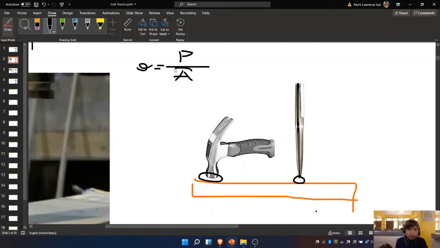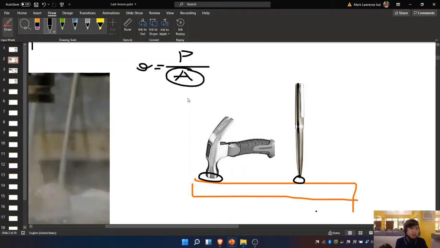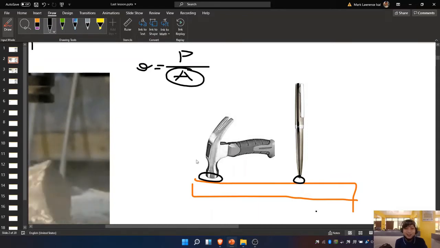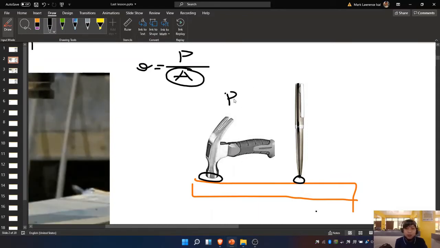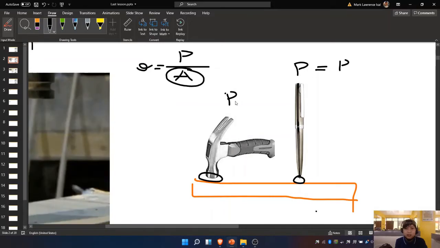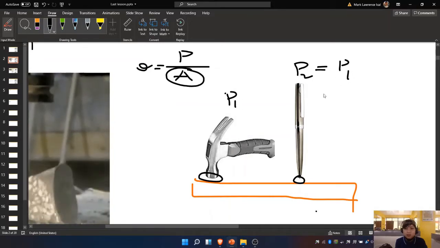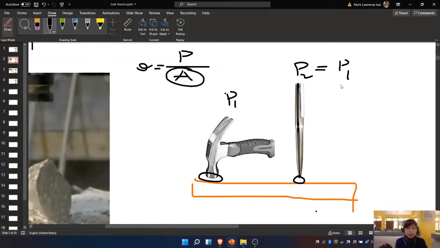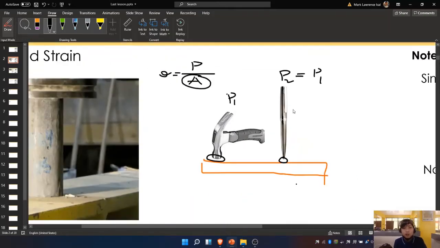Nakadepende din sa area. So assuming na ang force dito at saka force dito ay equal, okay? So mas madali makakabutas itong ballpen. Yun ang ibig sabihin niyan. Yun lang naman yung concept.